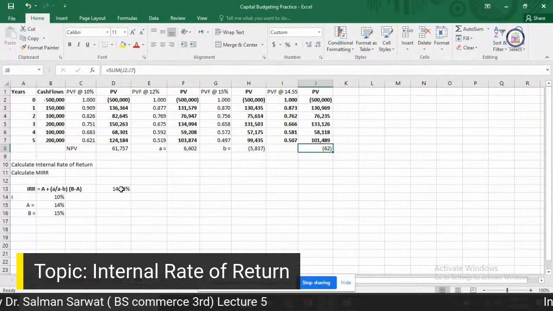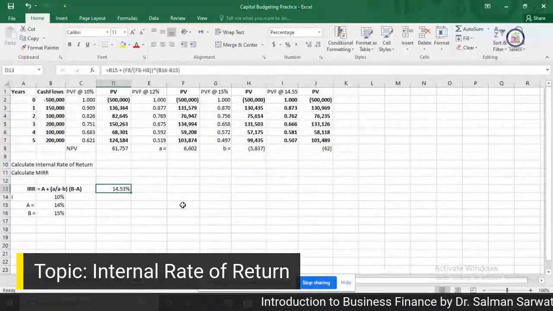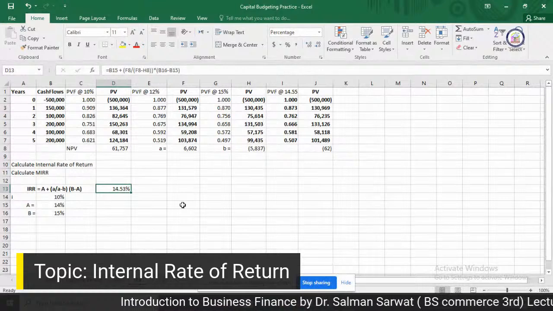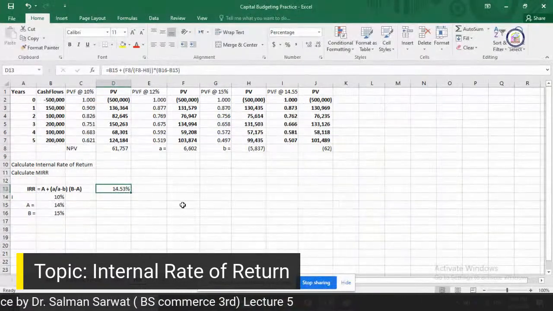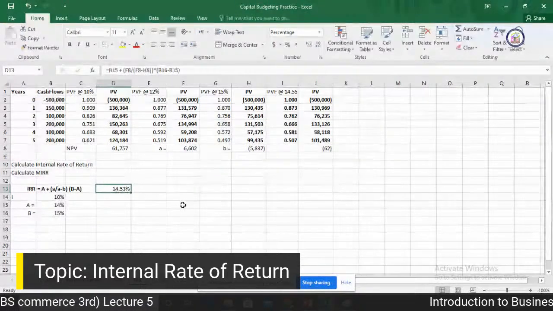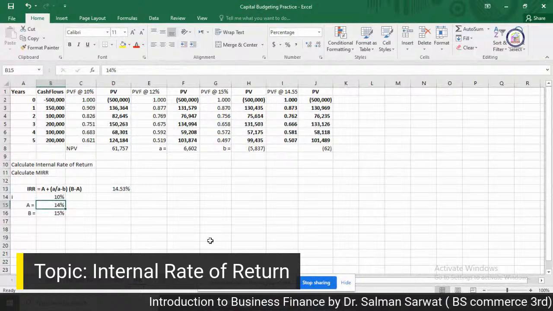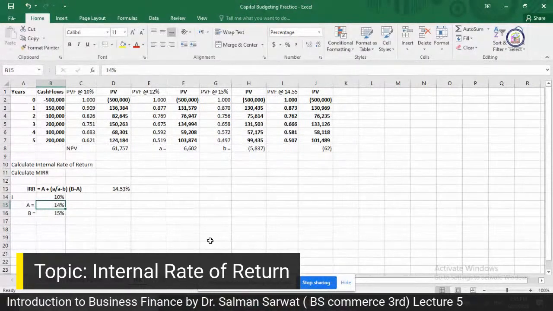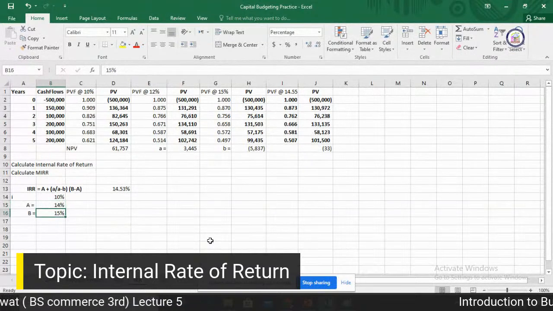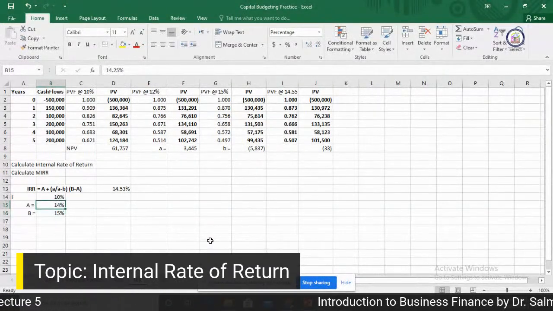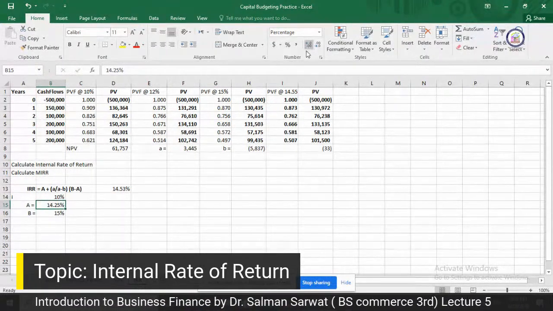Here you can see that the difference is only 0.02%, which is very small. Let's suppose instead of 14, we took 14.25, we get only 33.